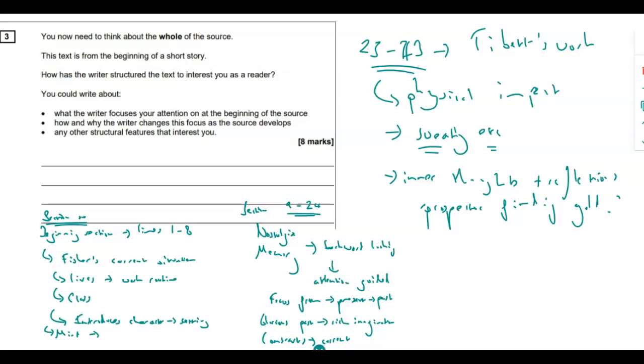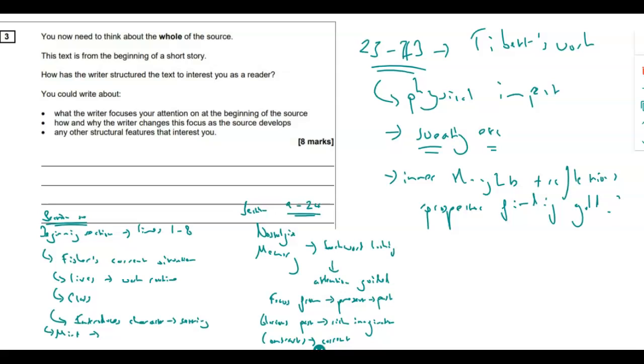We start off with the physical situation of Mr. Fisher, where he lives and so on, his existence as a social being, the introductory part to the setting. Then we look at his memory trace, and then we come back into the present, and we're looking at his response to Tibbitt's work. So shifting perspectives through the source there, and we would want to trace those through our analysis.